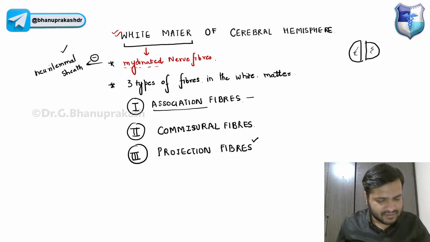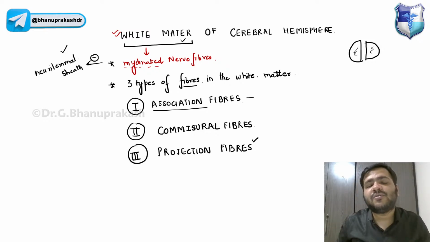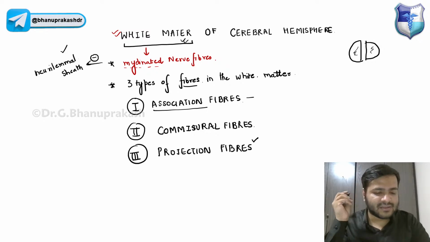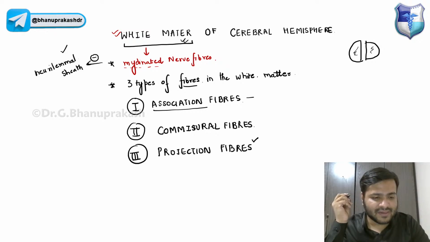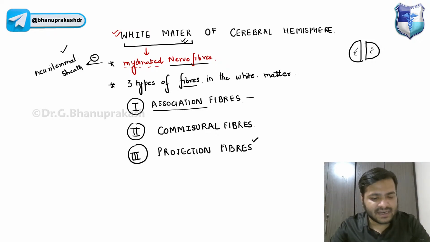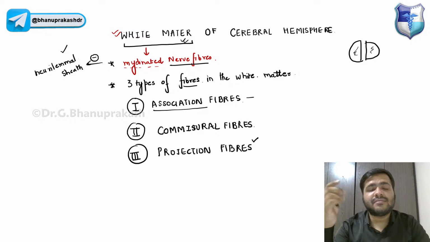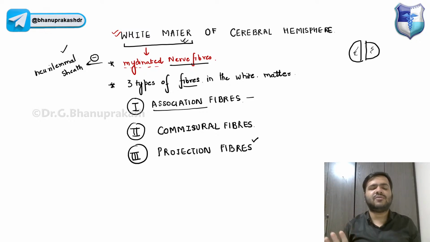Yes, the fibers are nothing but the white matter only, beta. These fibers are nothing but the nerve fibers, but the myelinated nerve fibers, right? So the collection of these fibers, guys. Now, guys, listen. What are association fibers? Fibers we already know. At least basic things you should know.